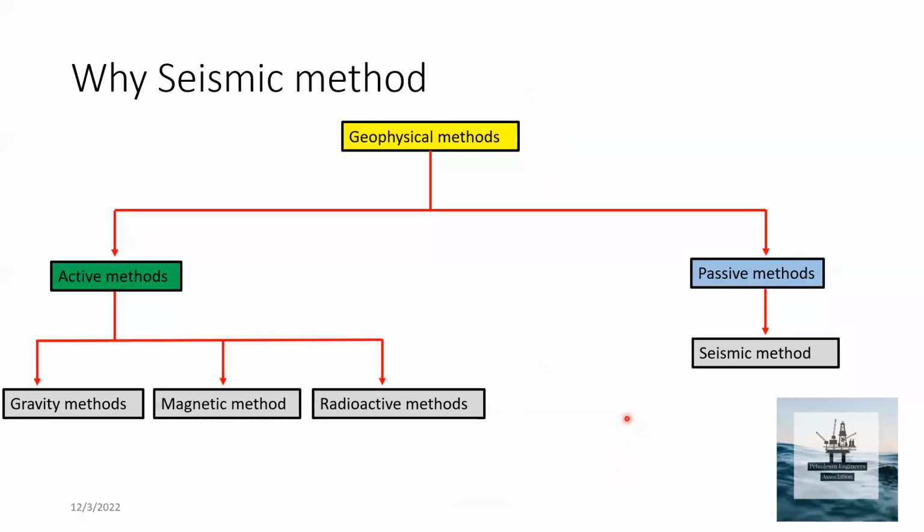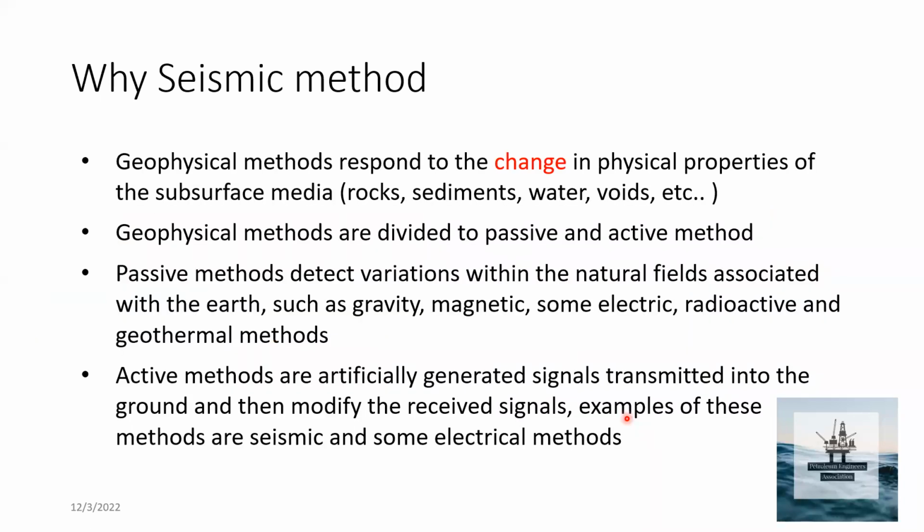The geophysical methods are mainly divided into two main parts: the passive methods and the active methods. Passive methods are like gravity, magnetic, and radioactive, and active methods are like the seismic method. The main difference is that the passive methods detect variation within the natural field associated with the Earth.